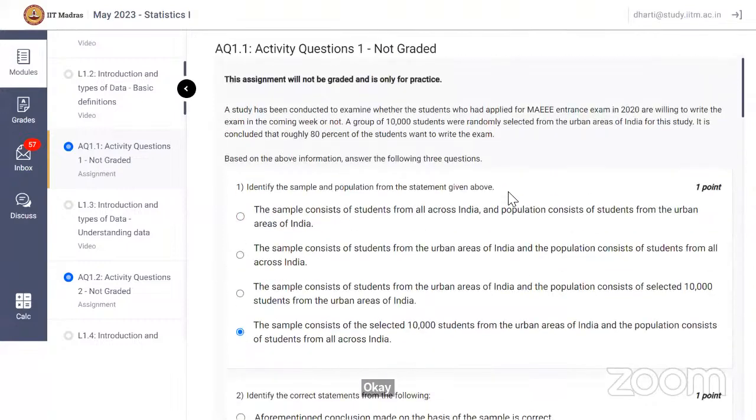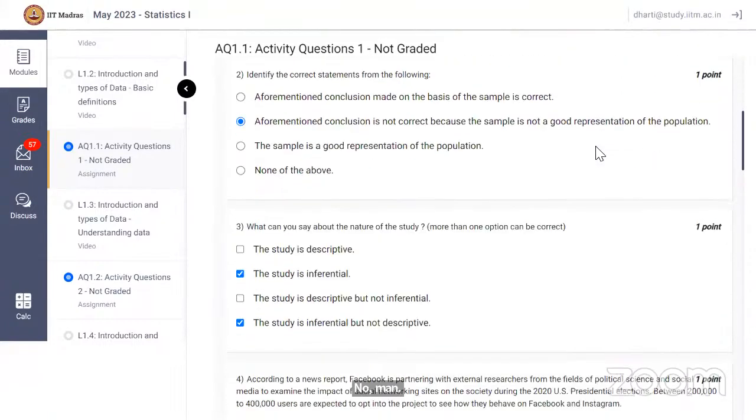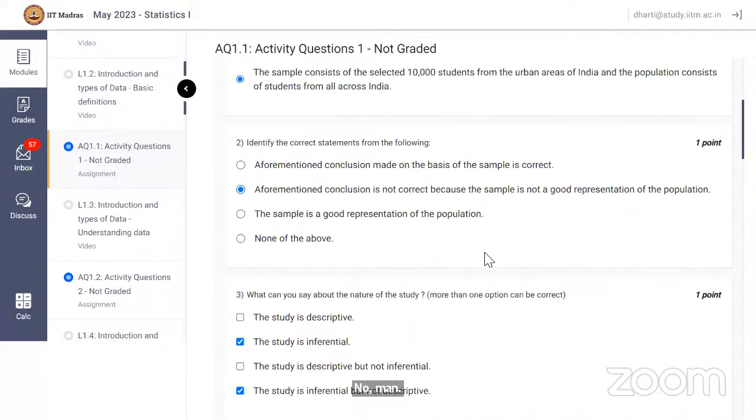Fine. But is it a good sample? It is a biased sample. Why is it a biased sample? Because they have selected students from urban areas of India only. That's why the conclusion is not correct, because the sample is not a good representative, right?